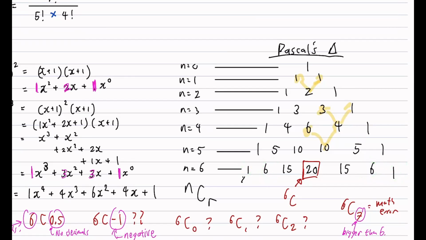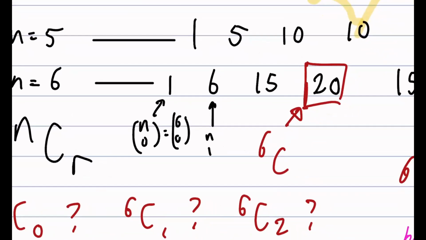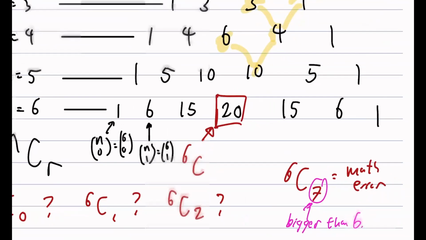This fella here is n choose 0, which is 6 choose 0. That fella there is n choose 1, which is 6 choose 1. That fellow over there is n choose n minus 1, which is 6 choose 5.